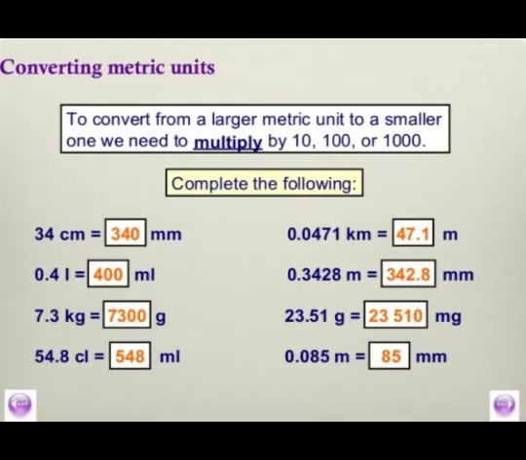Converting metric units. To convert from a larger metric unit to a smaller one, we need to multiply by 10, 100, or 1,000.